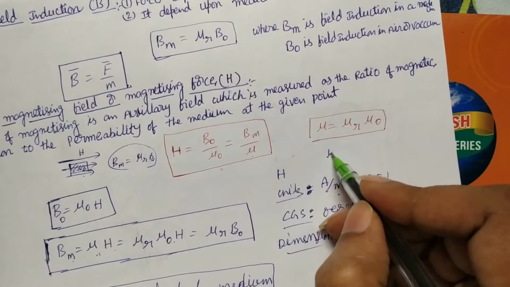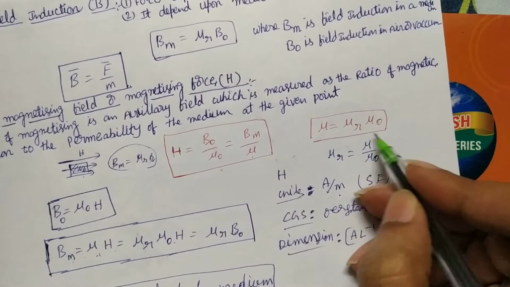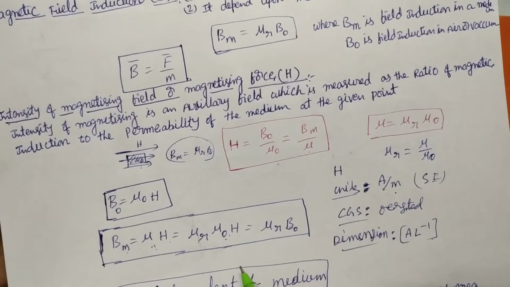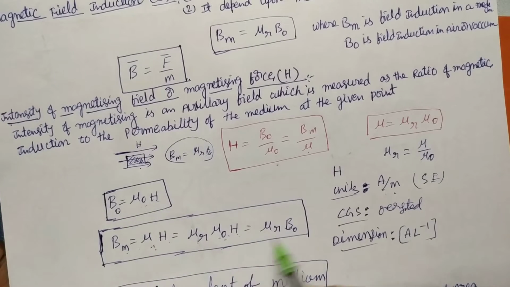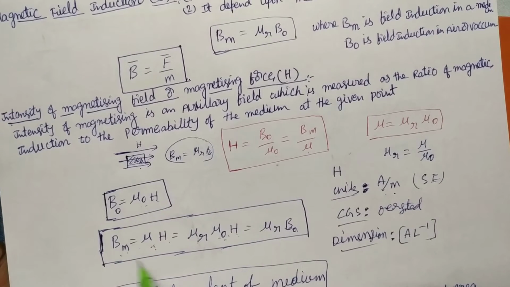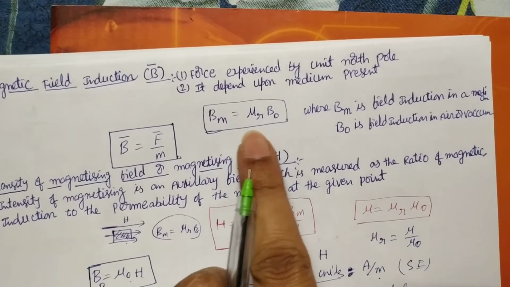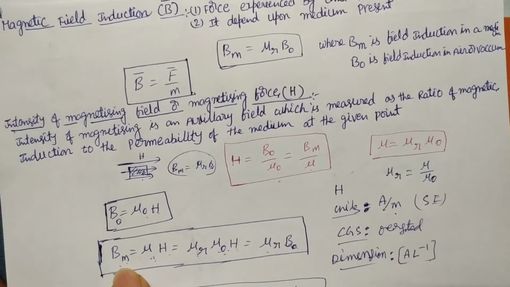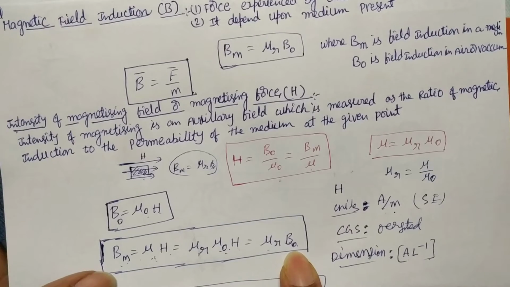It is the ratio of permeability of medium to permeability of free space. From that you can write mu is mu r into mu naught, so B is mu r into mu naught H. What is mu naught H? Mu naught H is B naught only. So we can write Bm is equal to mu r into B naught. That only what we wrote here. So we can write field induction in terms of H or in terms of B naught also.